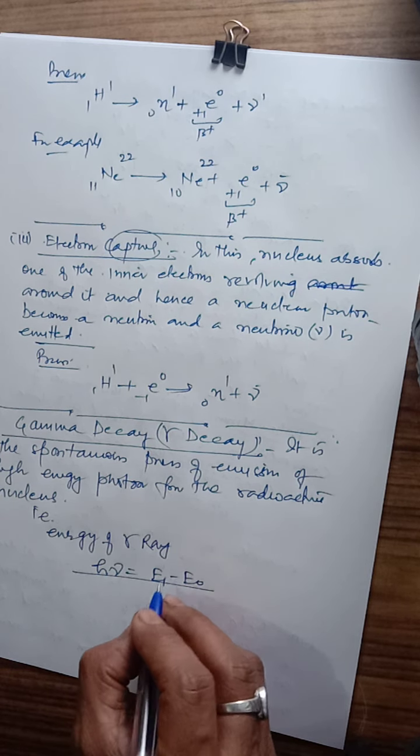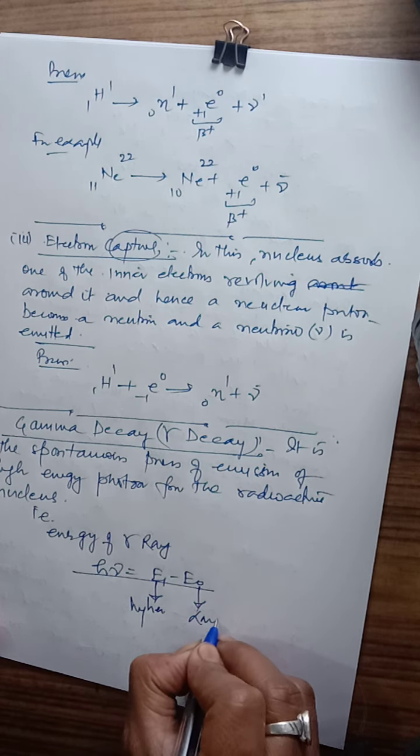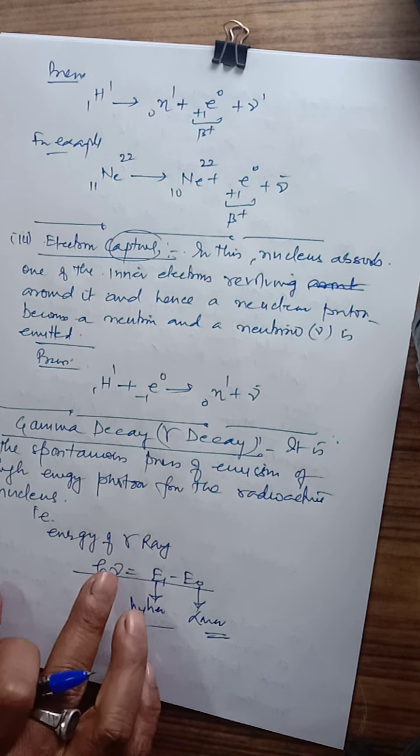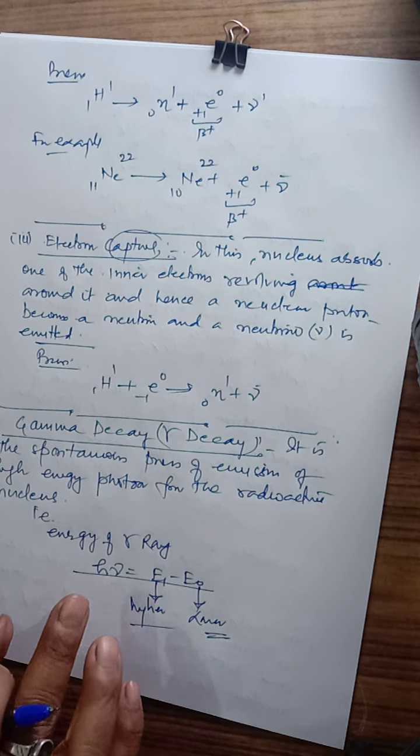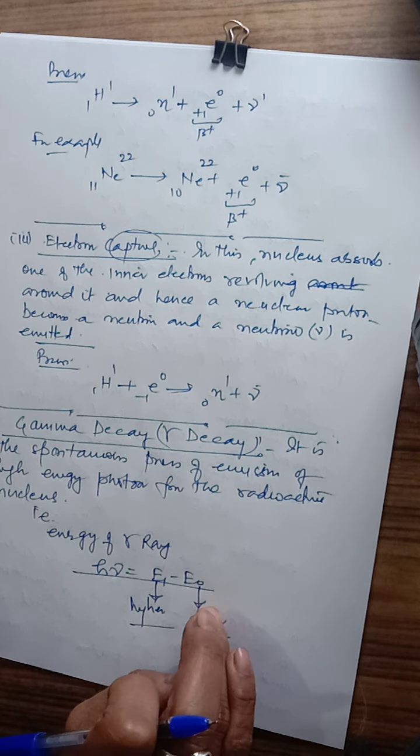E1 means the higher energy level and E0 the lower energy level. So this difference is equal to the energy of the photon. So gamma rays are emitted by the daughter nucleus.